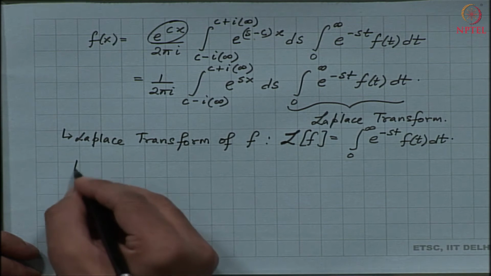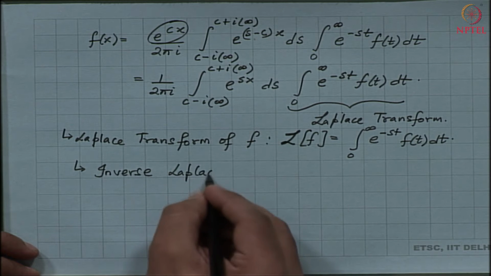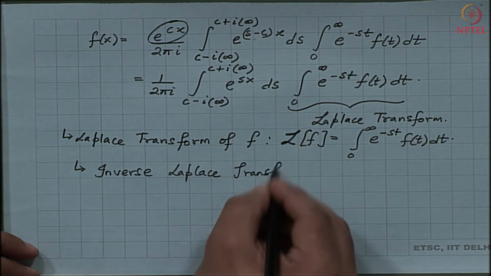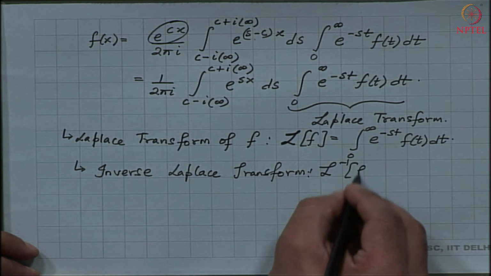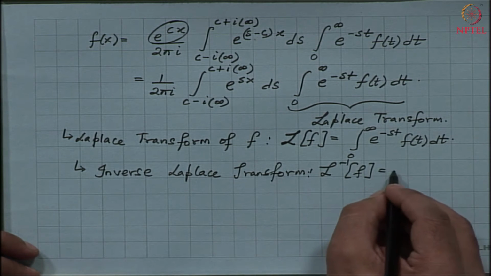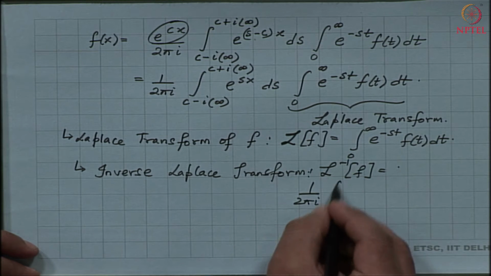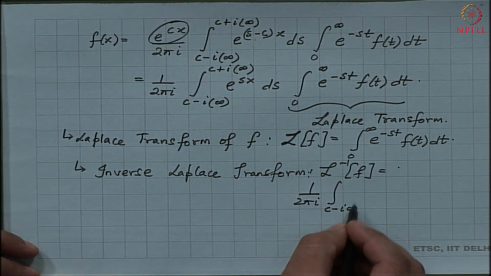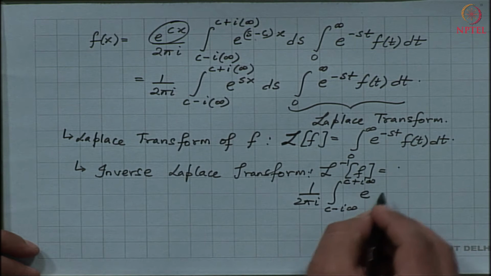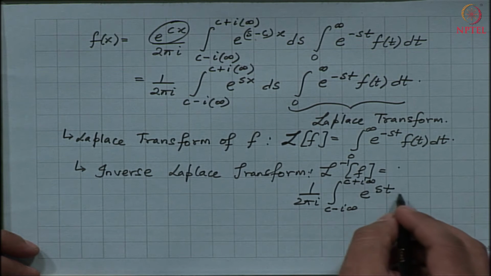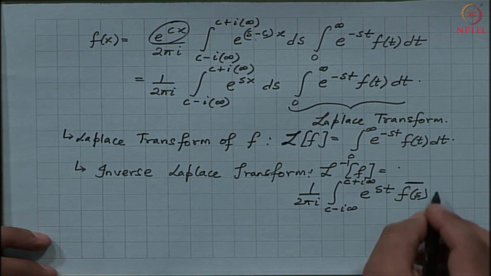Similarly, the inverse Laplace transform, also denoted by L inverse of f, is denoted by this integral given above, which is 1 by 2 pi i times the integral from c minus i times infinity to c plus i times infinity of e to the power s t times the Laplace transform of f, which is denoted by f bar, ds.